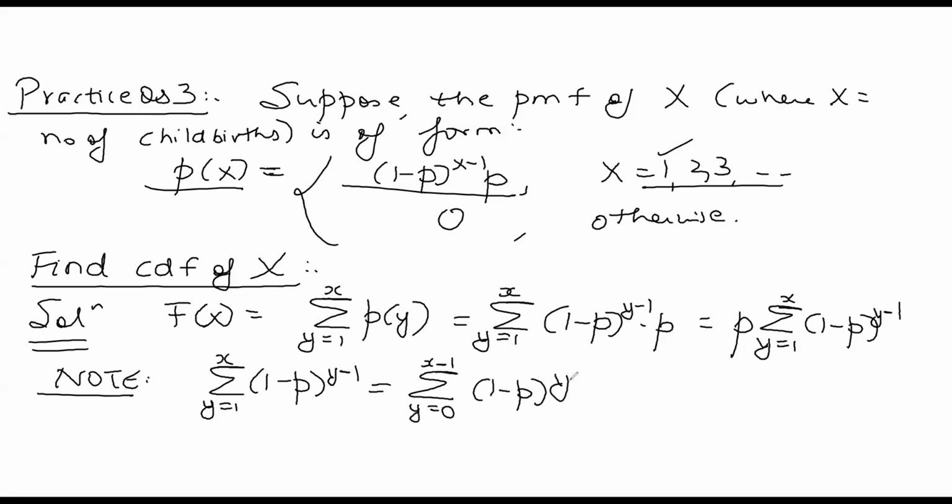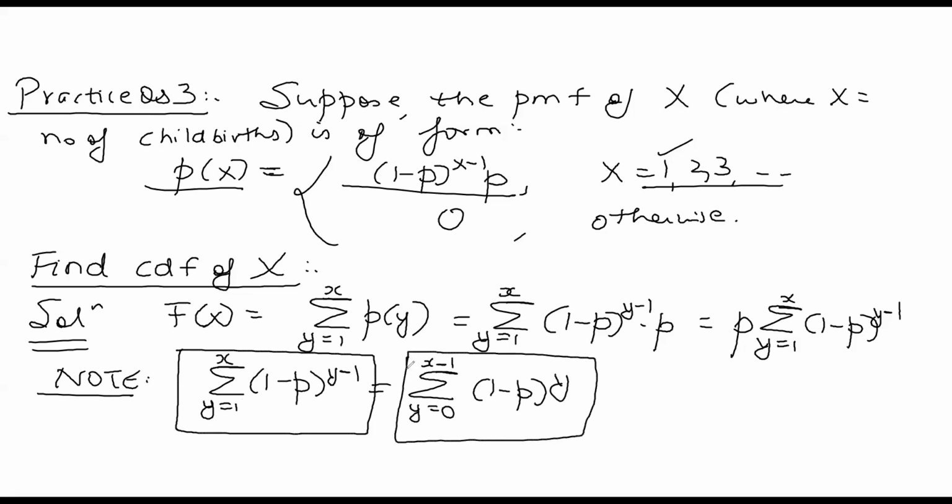You do one thing, at home, expand this as homework. You will see that they come out to be the same. At home, try and expand these terms. They will exactly come out to be the same.